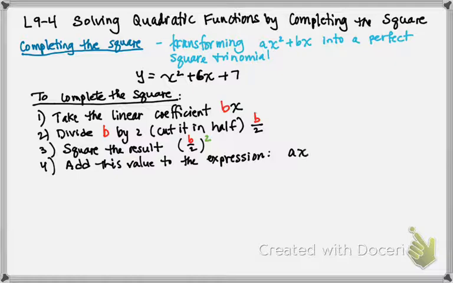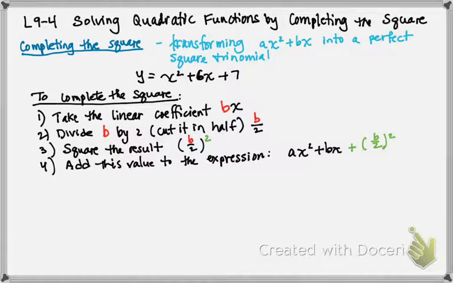We have the ax squared plus bx, and then we're going to add that quantity b over 2 squared.